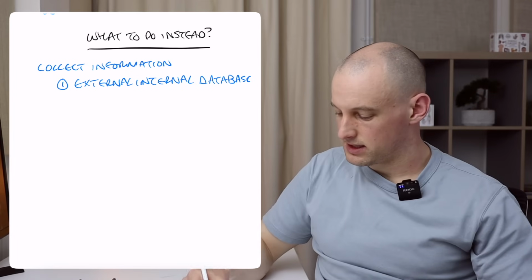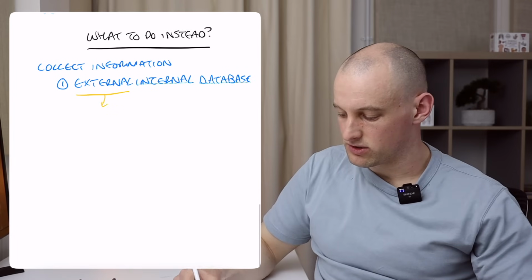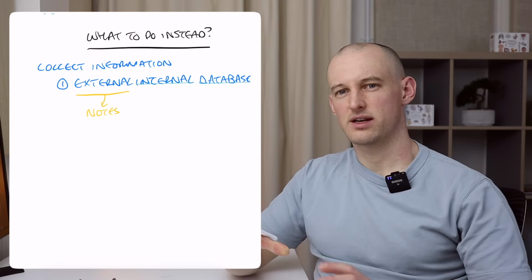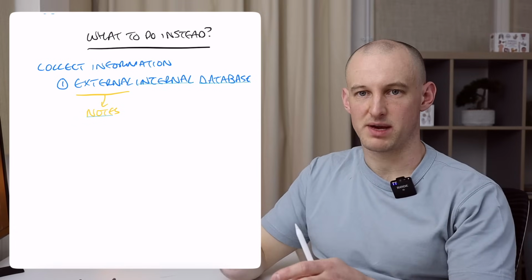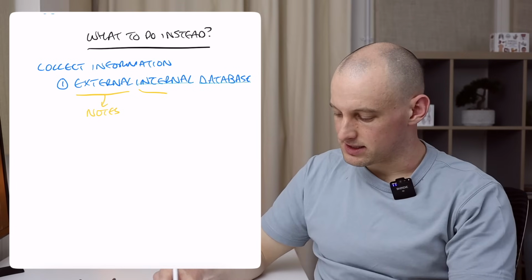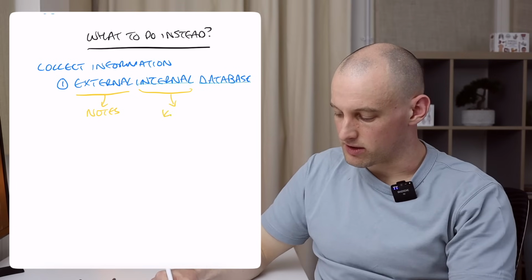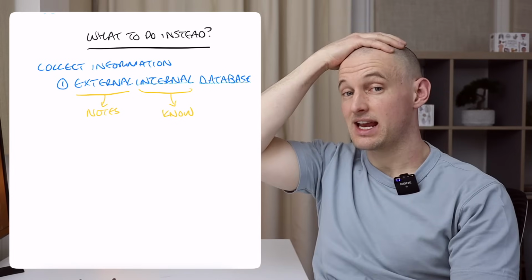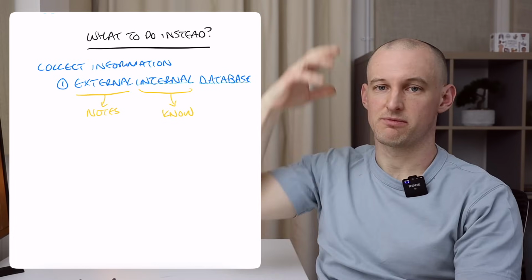Your external database is your kind of notes. The external database is one source of information where you keep all the things that you need to learn. And the internal database is what you know. And this is actually what's retained in your brain, in your memory.